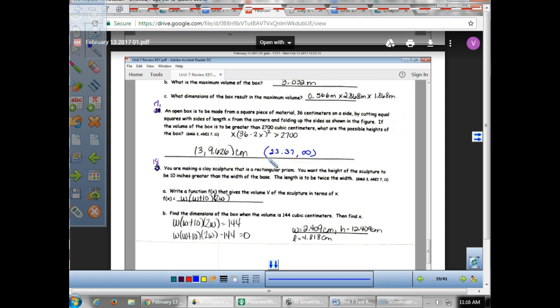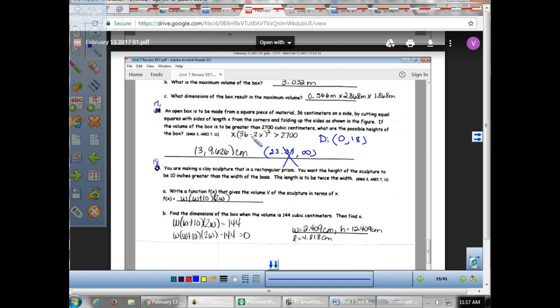What's going on here is our domain we had determined was this, right? So it's the fact that it's not in the domain. So I cannot use it. Algebraically, yes, it's a solution. It's the x's that give you y's that are positive for that function. But it's not in our domain in context of the problem. So that's what's going on here. So this would be our domain.